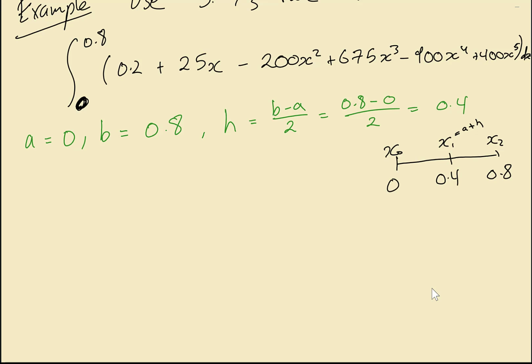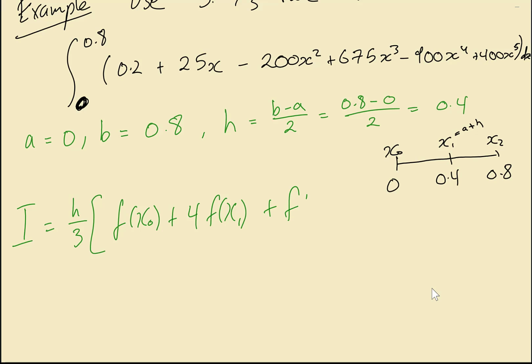So now I can write down the equation for Simpson's rule. Again, it's h divided by 3 times f of x0 plus 4 times f of x1 plus f of x2. And then we can plug in: x0 is 0, x1 is 0.4, and x2 is 0.8.